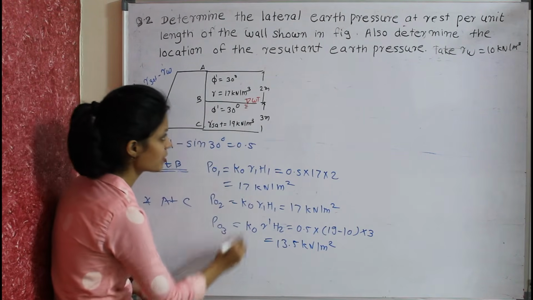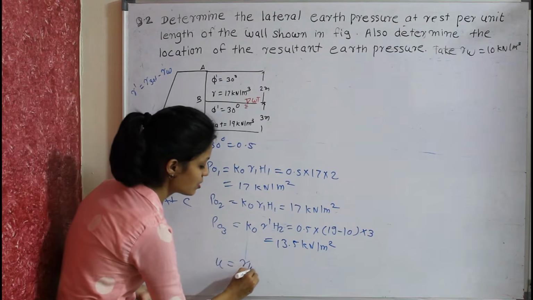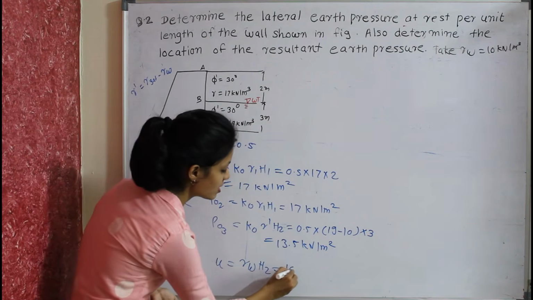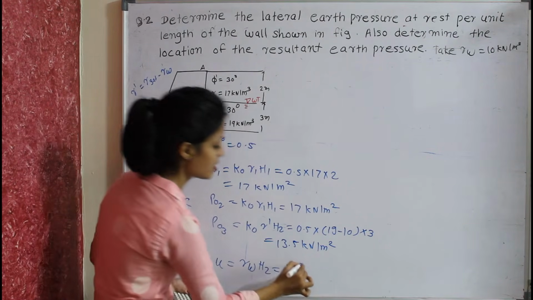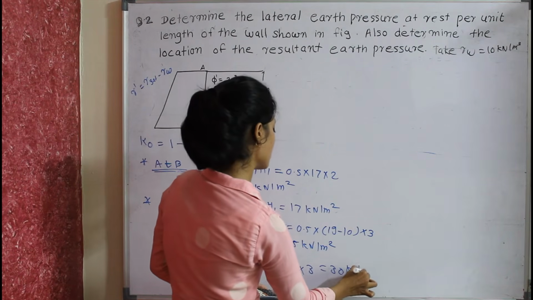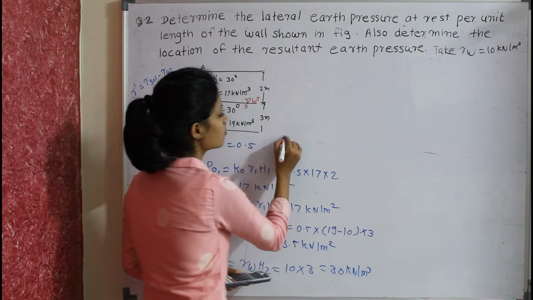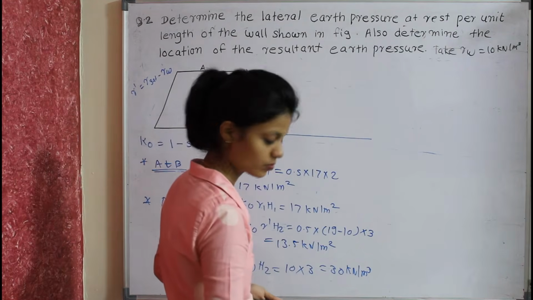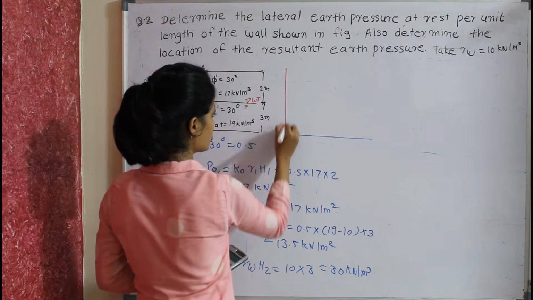Next is the pore water pressure due to this water, which is gamma W into H2. Gamma W is 10 and H2, the thickness of the second layer, is 3, therefore 30 kilonewton per meter square. Now this is the pressure distribution diagram.